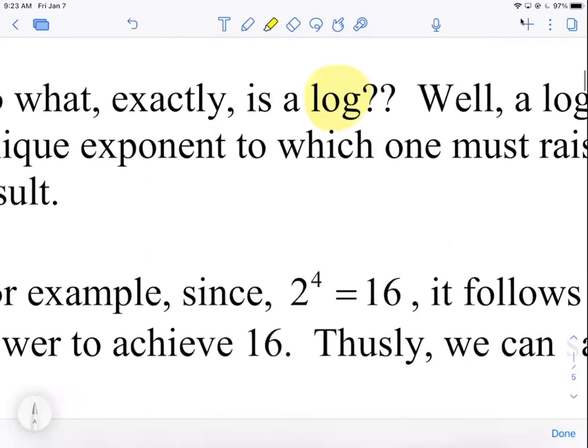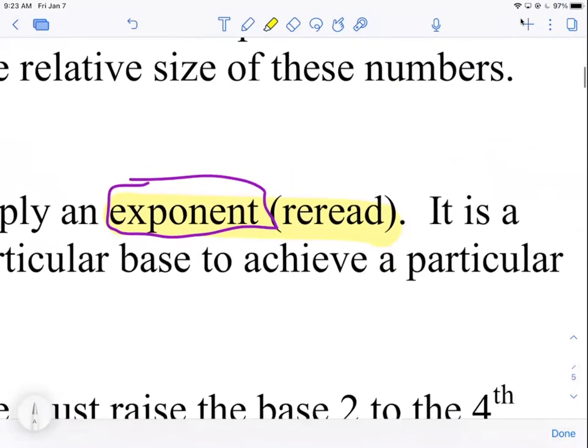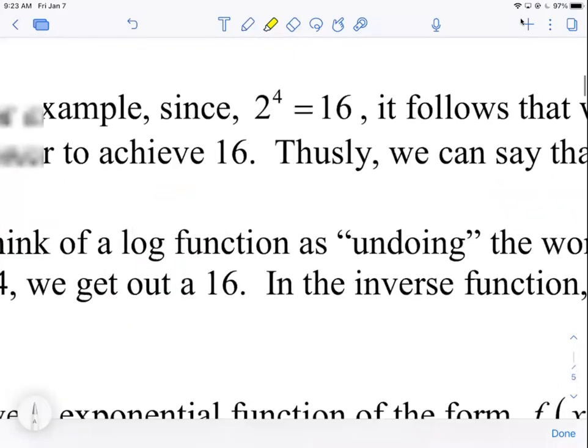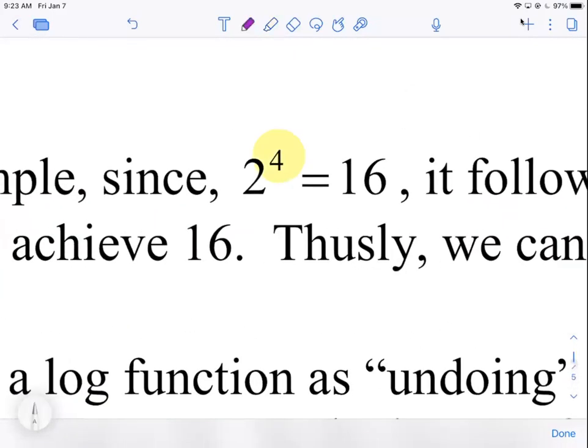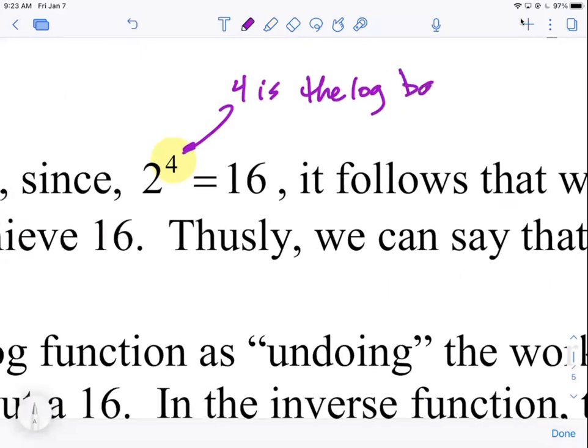Let's come back over here. What is a log? A log is just that special exponent. What is that special exponent? It's 4. So 4 is the log base 2. Well, we can write that like this.